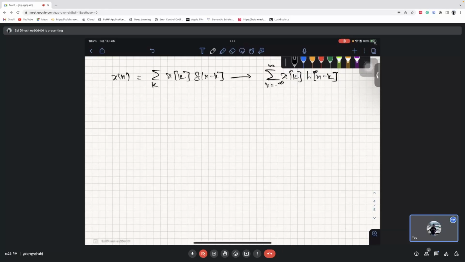So y of n is represented as the sum of x of k h of n minus k for k equal to minus infinity to infinity. This is known as the convolution sum, and it is represented as x of n convolved with h of n.